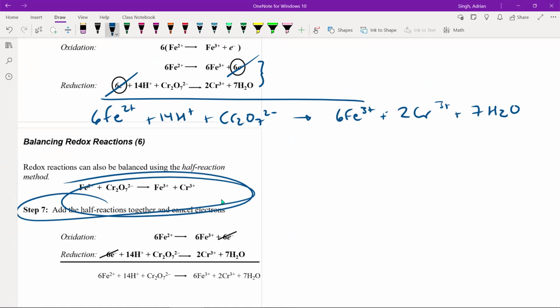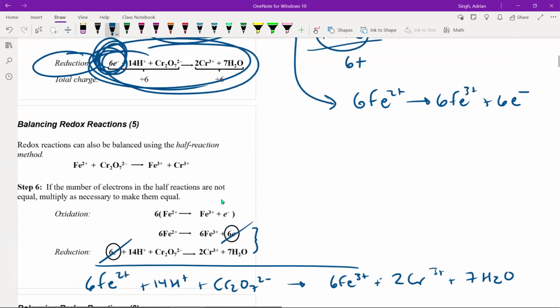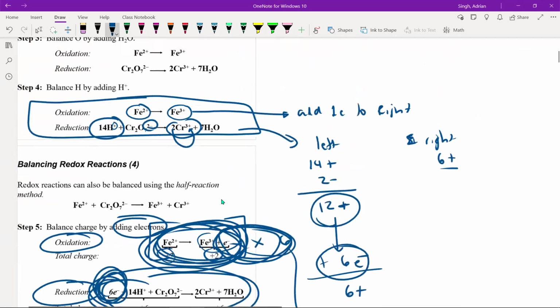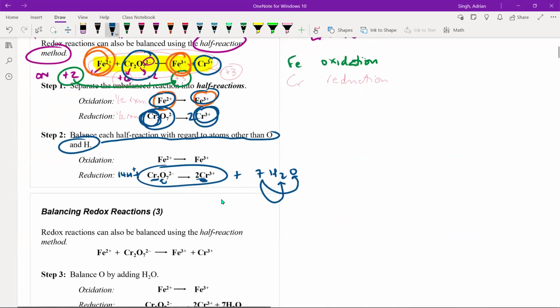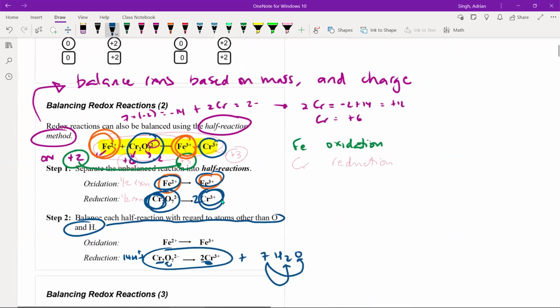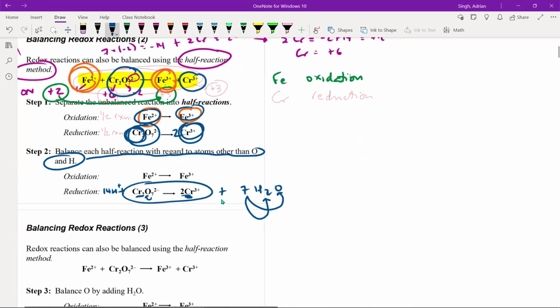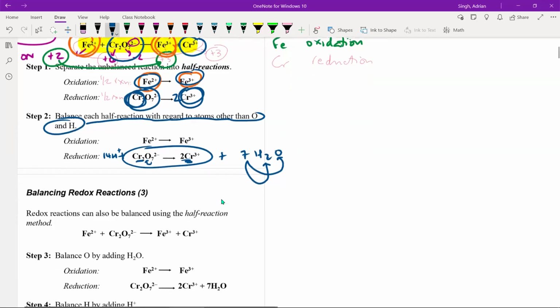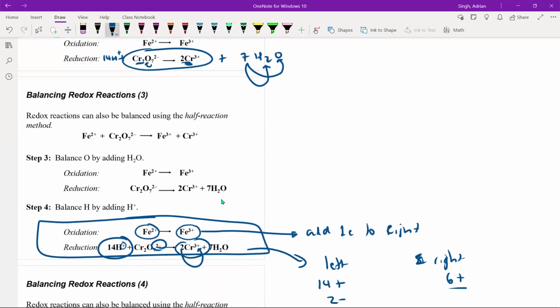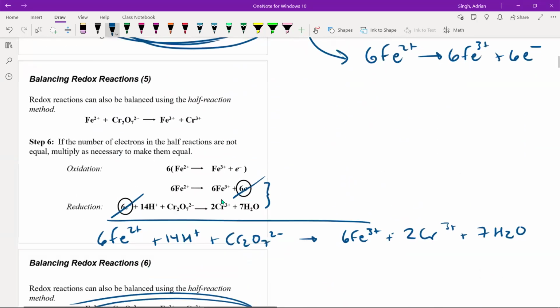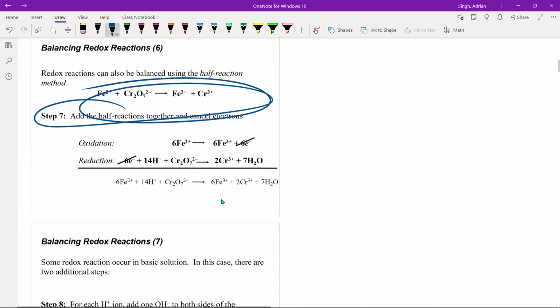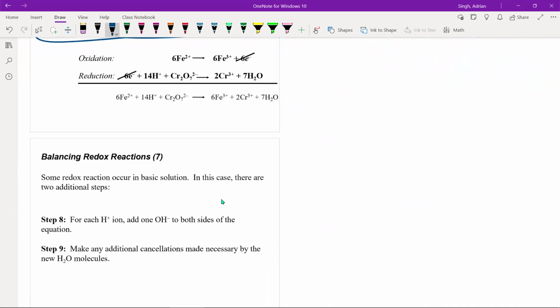And the reason why, by the way, that we can add the H2Os, for example, to balance the oxygens to begin with, is because a lot of these reactions are happening in aqueous solution. Aqueous means dissolved in water, so we can add H2O to them. We're adding H+ to balance because in most cases, these reactions are happening in acidic solution. In some cases, we're going to encounter situations where the reactions happen in basic solution.